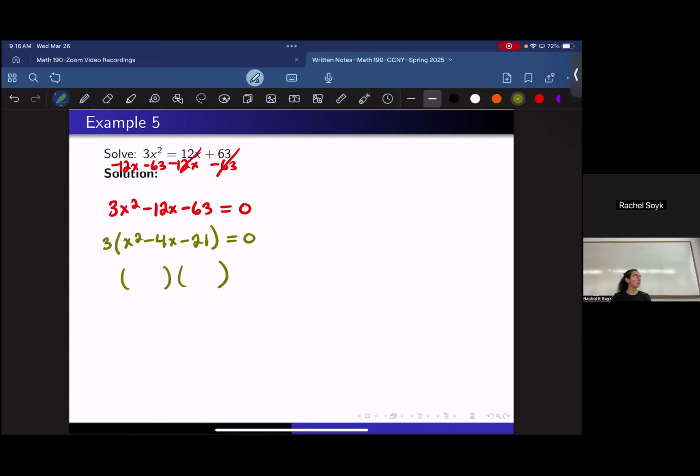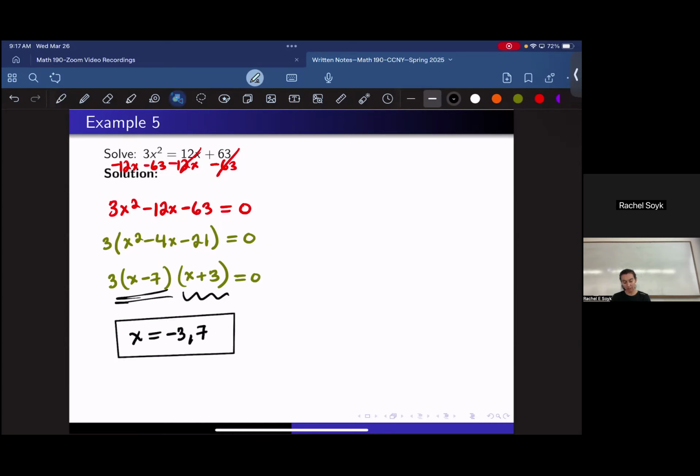What are factor pairs of 21 or negative 21 that add up to negative 4? We have negative 7 and positive 3. And so then when we utilize our whole zero product property, set the whole x minus 7 and x plus 3 equal to 0, and our two potential solutions are negative 3 and positive 7.